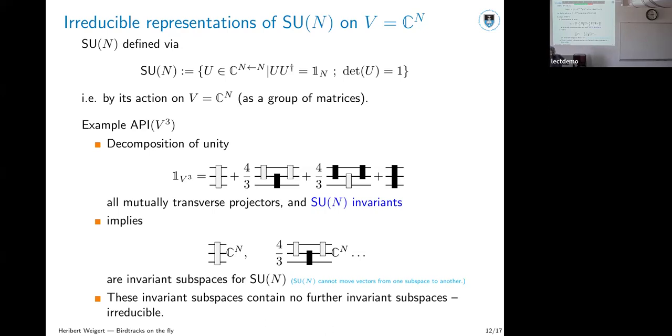What you still need to prove is that the subspaces that are obtained here are actually irreducible, and irreducible now means I cannot find subspaces in there that are smaller in each of those and still invariant under arbitrary SU(N) operation. But that you can prove. So this procedure gives you a decomposition into irreducible multiplets. So you can apply this to what you're seeing in atomic physics and do all the Clebsch-Gordan series calculations in Birdtracks, and it's pretty quick and pretty diagrammatically neat.